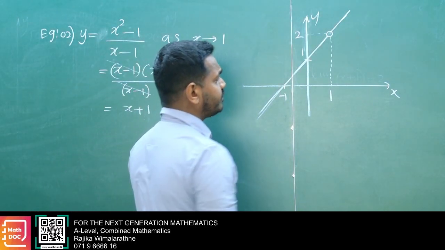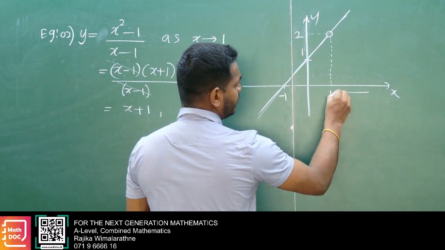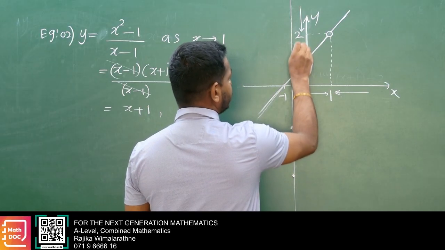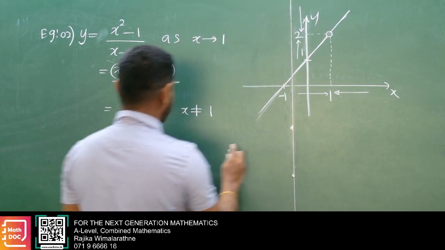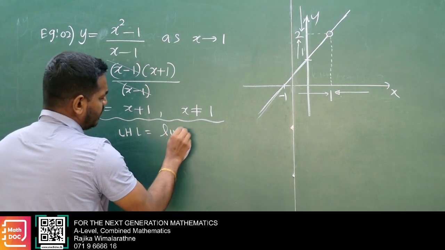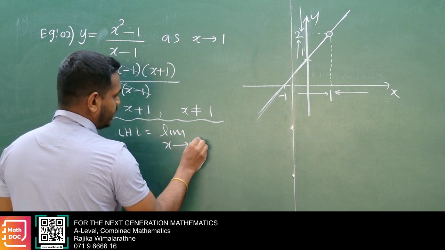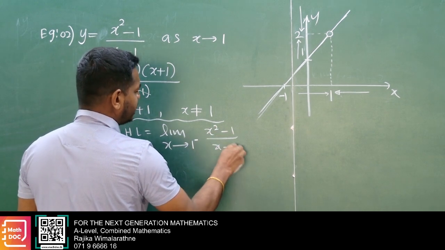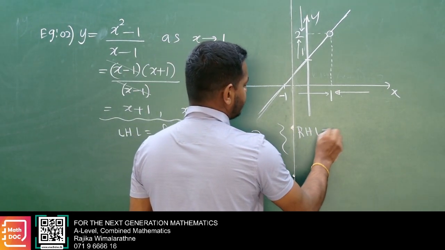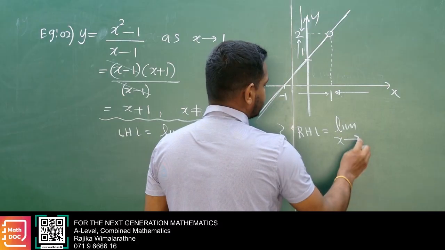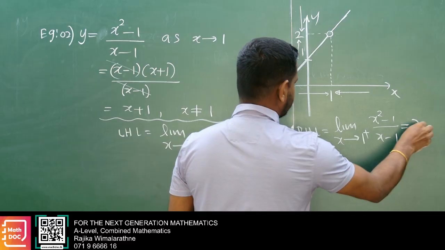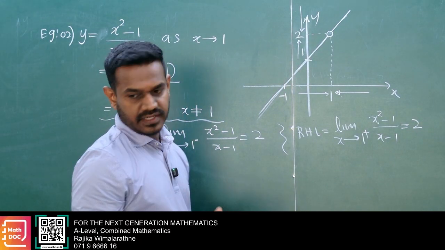Now, if you consider the right hand limit, we get 2. If you consider the left hand limit, we get 2 again. Then no issue, the left hand and right hand limits are the same. Therefore, the left hand limit as x arrow 1 minus of the function x squared minus 1 over x minus 1, we get the answer 2. The right hand limit as x goes to 1 plus of x squared minus 1 over x minus 1 equals 2. The left hand and right hand limits are the same, but f(1) is undefined.